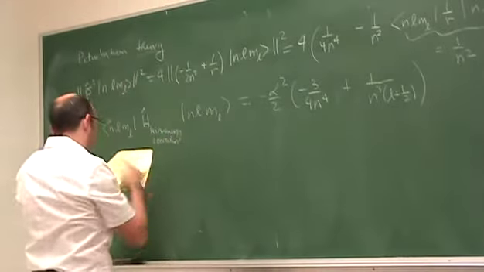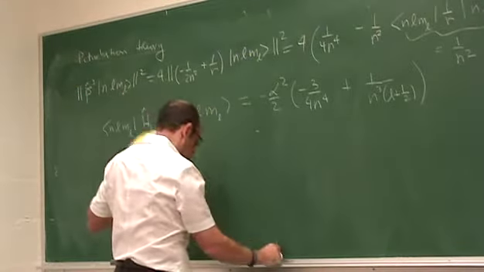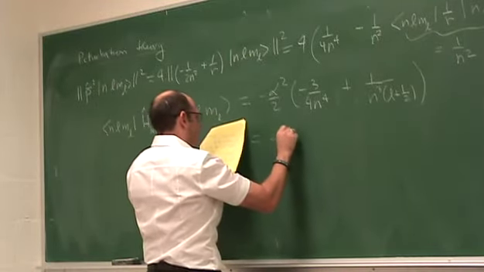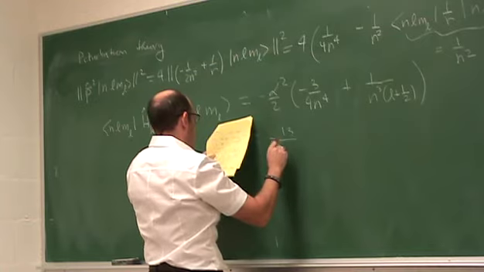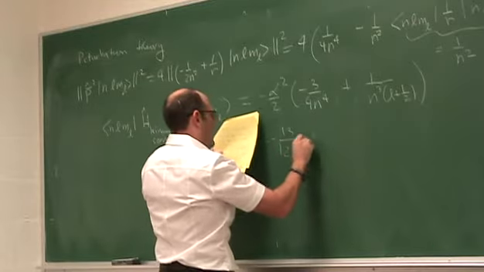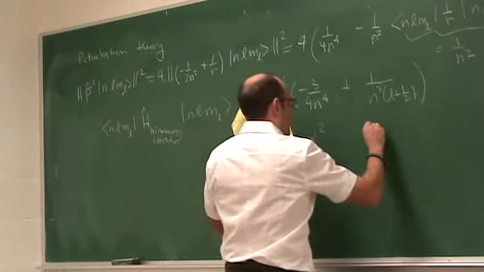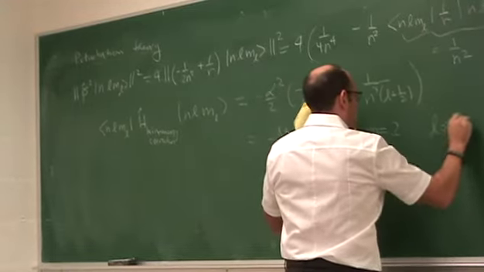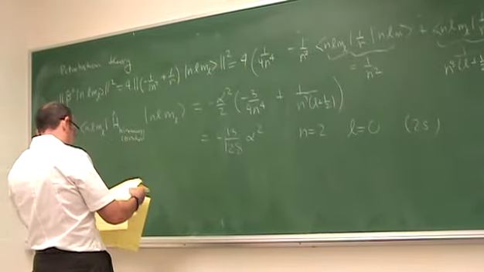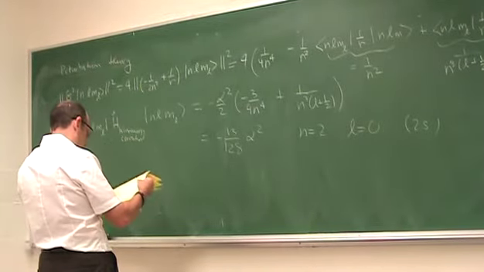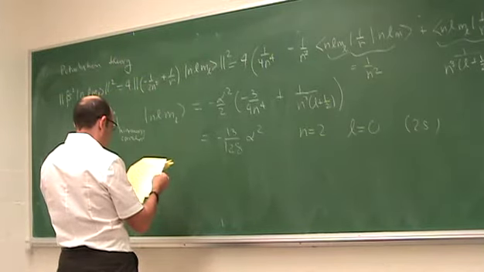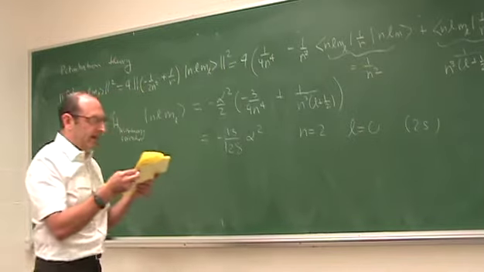Okay. So for n equals 2, L equals 0. That is the 2s state. And for the 2p state, I got it somewhere. Oh, well, I'll come back to that because I don't have it separately.